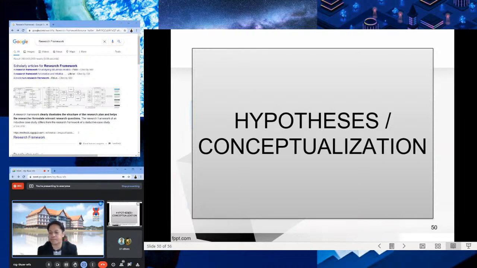Number two is the solution. Either you provide a framework, a new theory, or empirical findings. What are the things you want to produce? The last perspective you have to focus on is the benefit of your findings, your research.